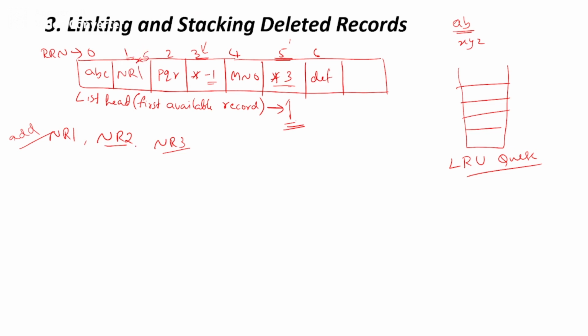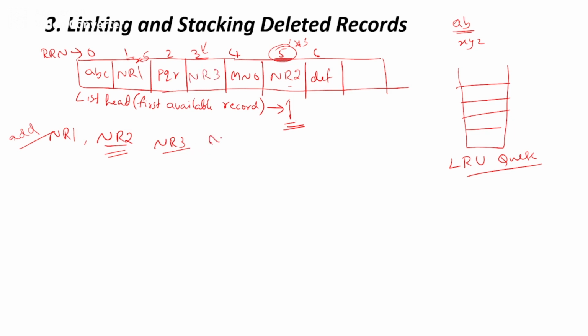So next, new record 2 will be added to 5. Now the pointer was pointing to 3. So next it is going to 3, and here I am going to add new record 3.